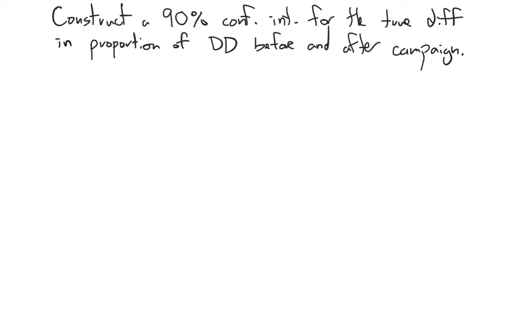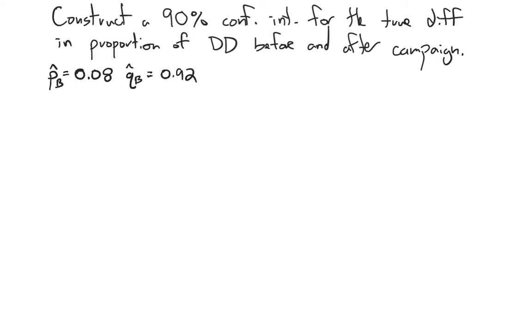First of all, in order to do anything, we really have to make sure that our sample sizes are large. So remember that our proportion of success in our first sample, which I'll call PB for before, was 8% or 0.08, which means the proportion who didn't drink and drive, the failures, is 0.92.